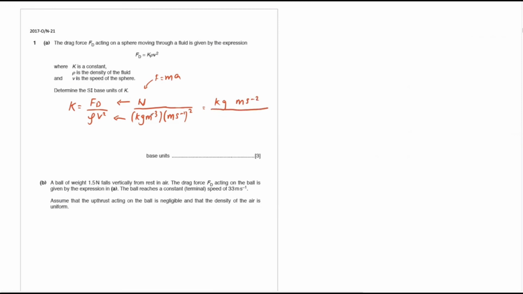So at the bottom, I expand this: kg m^-3, m^2 s^-2 become m^-1 s^-2. Then you cancel the kg also. m divided by m^-1, so become m^2. So that's the base unit of k, m^2.